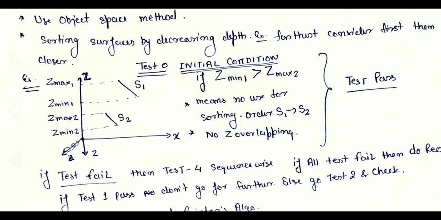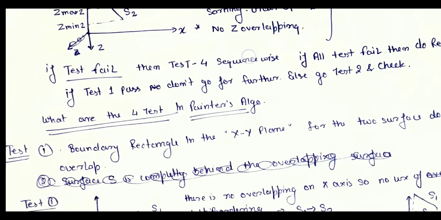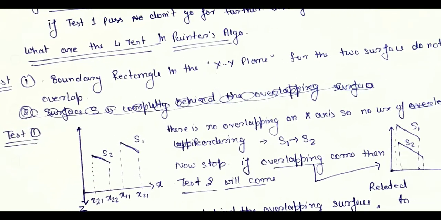Reorder means that the concept I gave you, that the farthest surface is considered first, will be changed. Like this we have to go. Now we have to understand how it will be tested. Let's come to test 1. What is test 1?